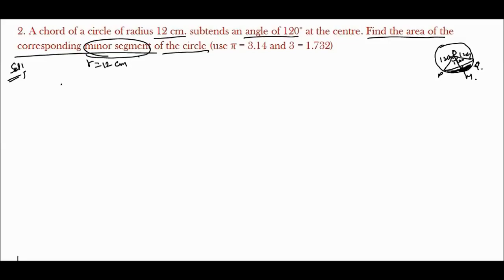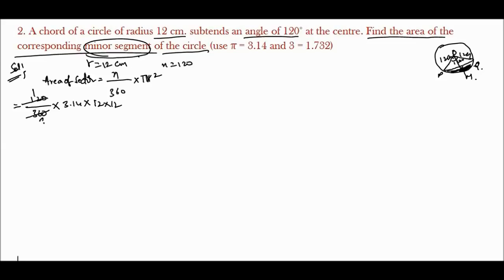So start with the area of sector formula. Area of sector is equal to x divided by 360 into pi r square. So x is equal to 120 degrees given. 120 degrees divided by 360 into pi, 3.14, into r, which is 12 into 12.